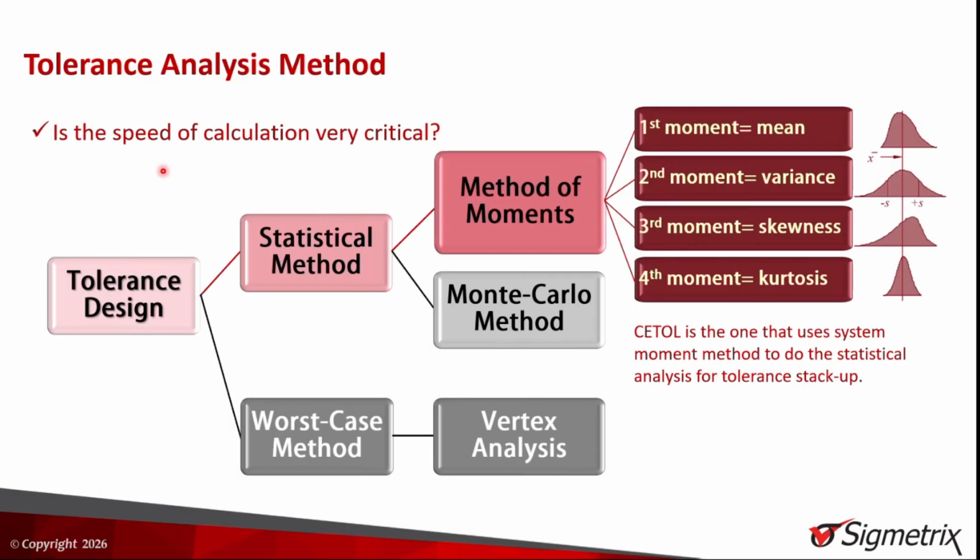And to explain why it can solve the analysis very fast, this is the reason behind it. The software is using a mathematical way to solve the sigma result. Like let's say they can calculate the first moment, second moment, third moment, and fourth moment. And the Monte Carlo method is a random simulation method.